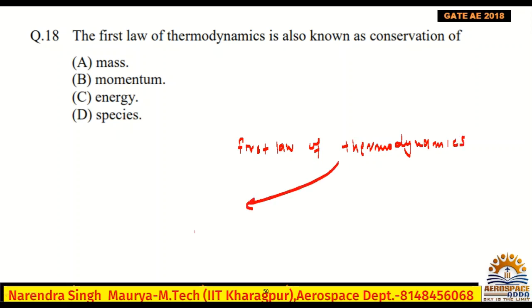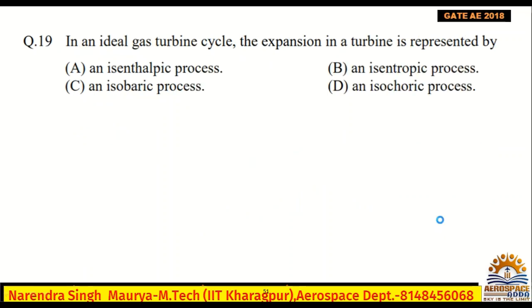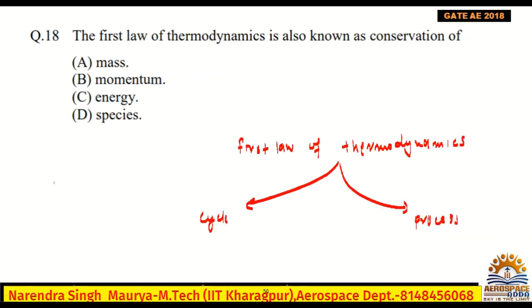So it is explained for a cycle and it is for the process. Yes or no? So for the cycle, suppose this is the system here, and here is the surrounding, and this is the boundary.